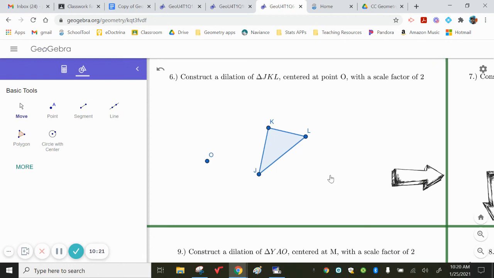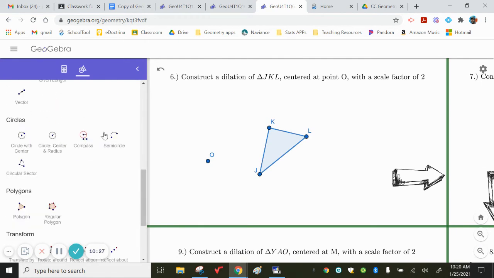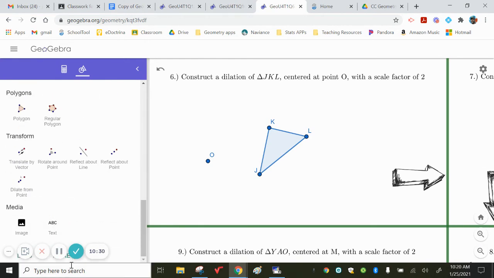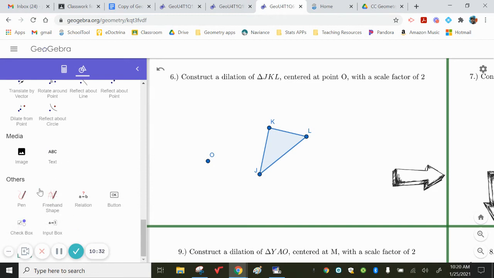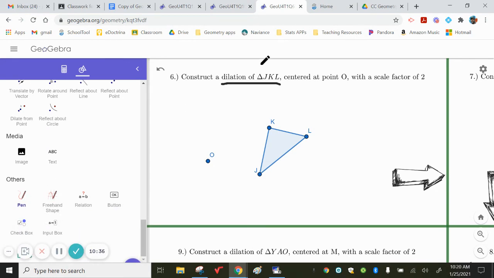So each one will be done the same way. So let me just do question 6 with you, and you'll see how this works. So I'm going to start again by grabbing my pen tool and just recognizing exactly what I'm doing in this question. So I'm going to do a dilation of the triangle JKL, which means this is my pre-image. It's centered at the point O, and the scale factor is 2.